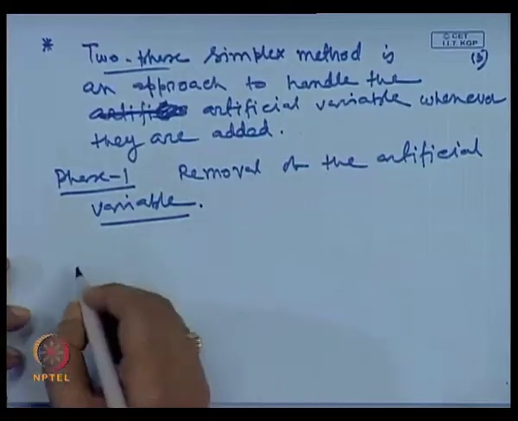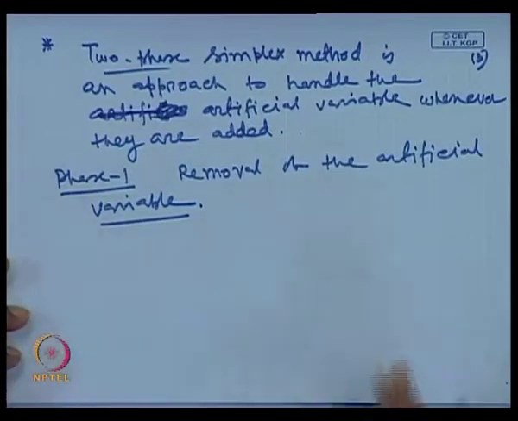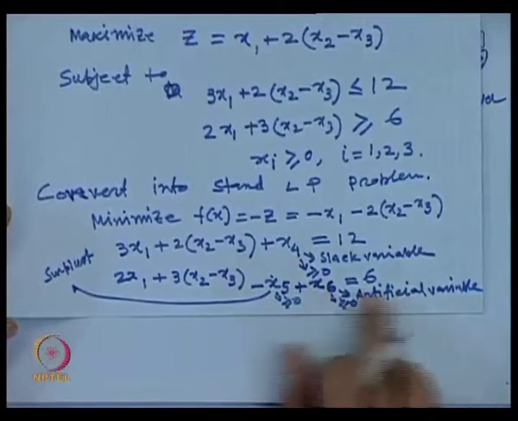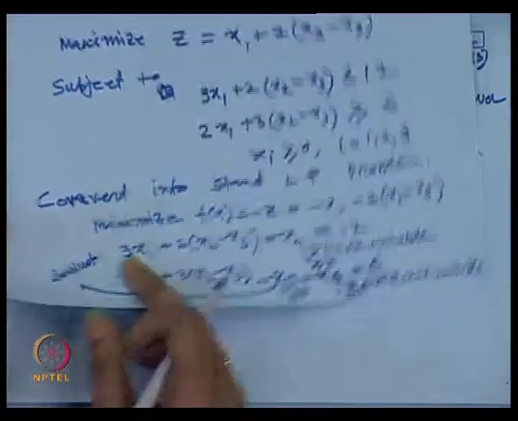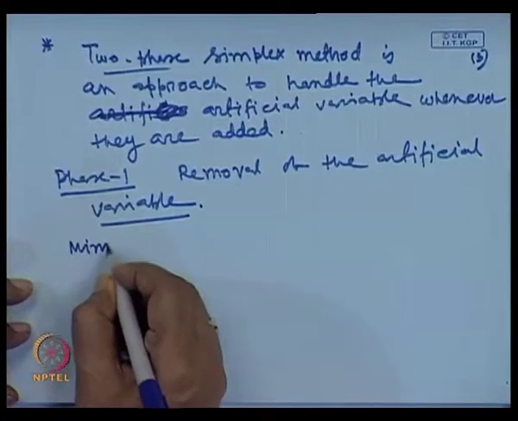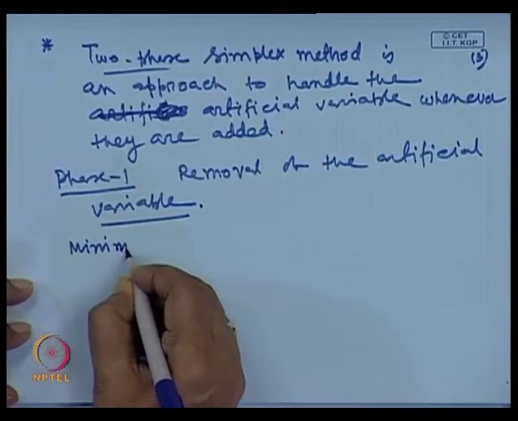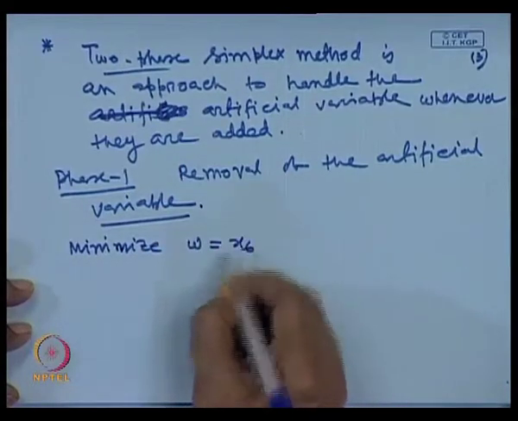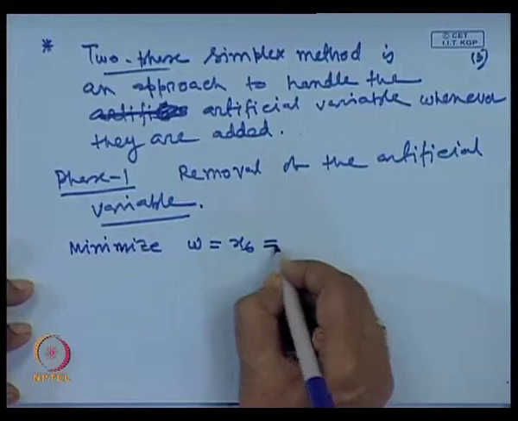So, let us see in this example what our artificial function is, where the artificial variable is x 6. So, minimize w, and w I have considered as x 6. And what is this x 6 expression?